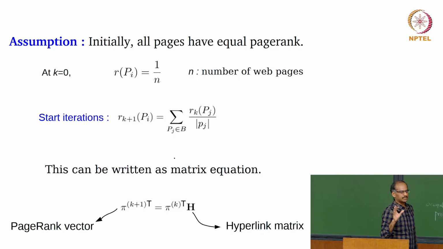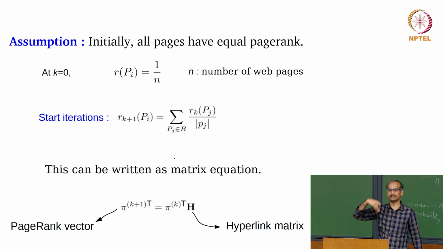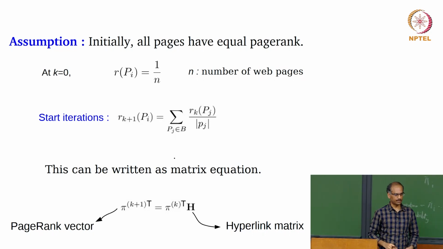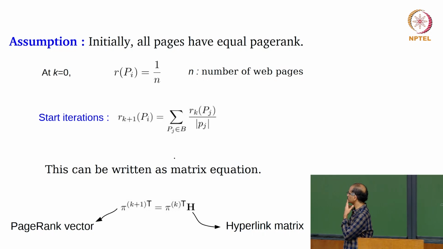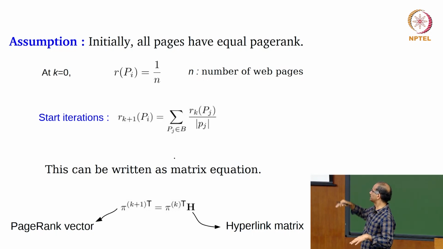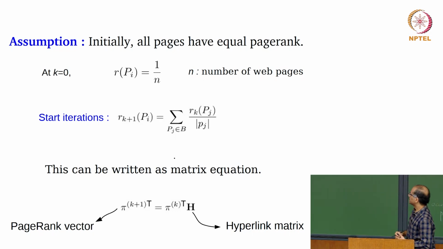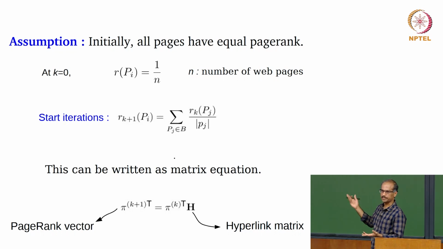Occasionally, the surfer gets bored with this process and then randomly starts off again. So essentially, it's a slightly modified form of the standard random walk process. You start initially with giving equal weightage, or equal PageRank, to all the web pages and start iterating this equation.